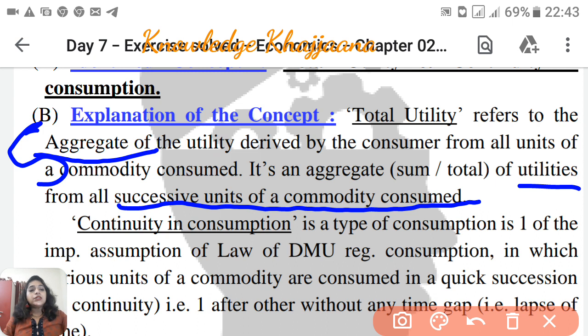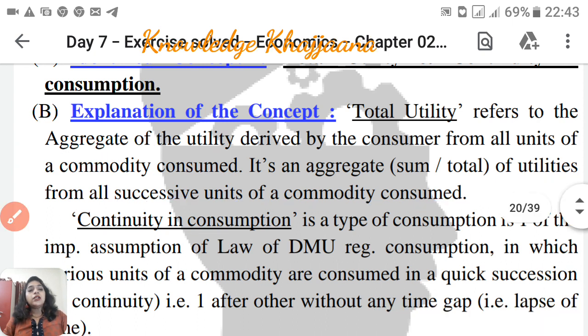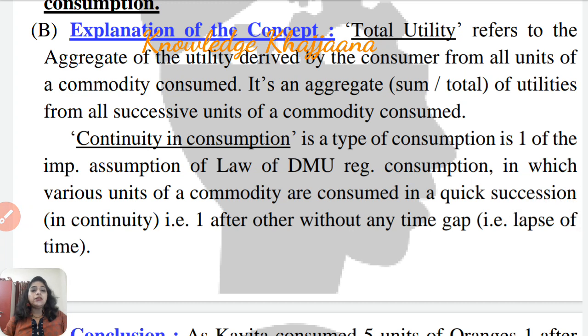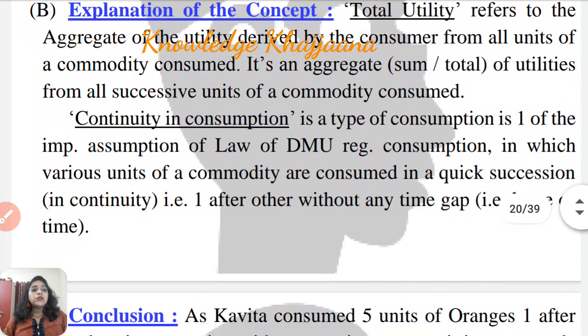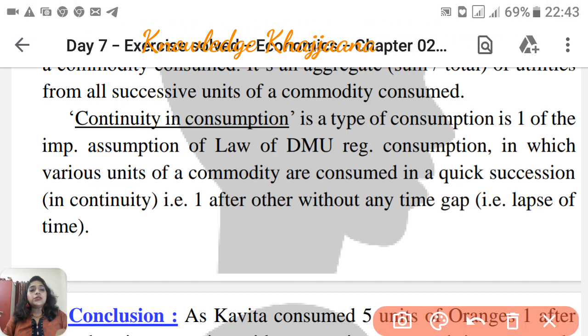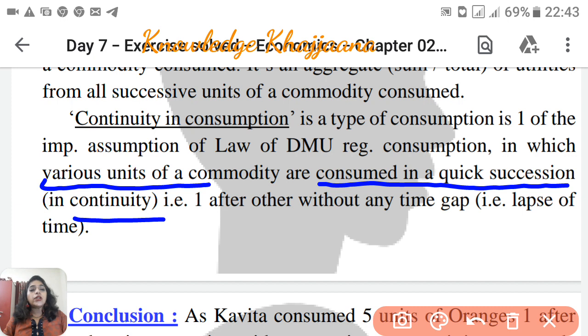What is the second concept hidden here? It is continuity in consumption. See how it is applicable. What is meant by continuity in consumption? It is a type of consumption, one of the important assumptions of the law of diminishing marginal utility, in which various units of a commodity are consumed in quick succession, that is in continuity, one after the other, without any time gap, that is without lapse of time.